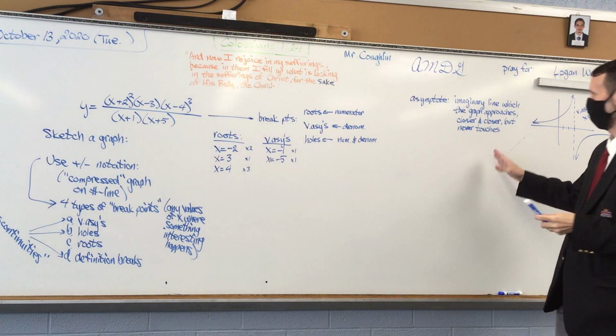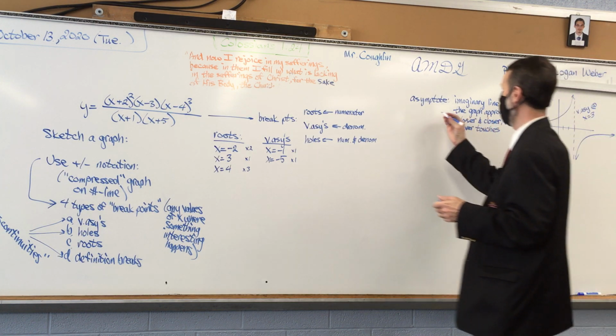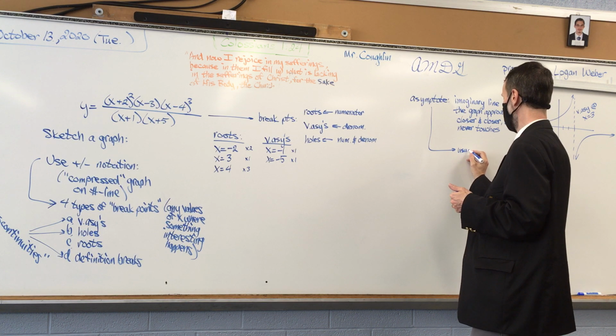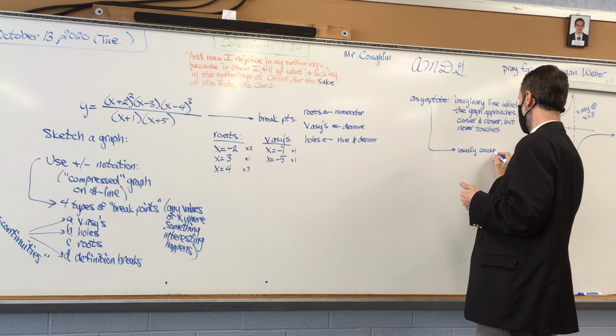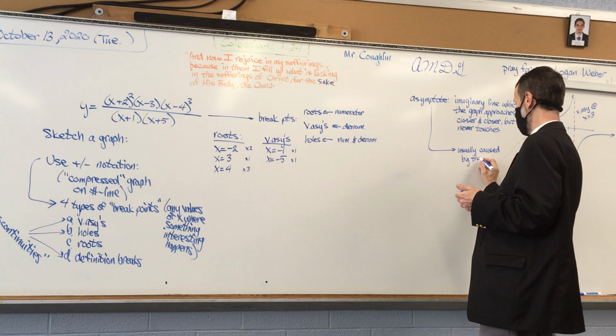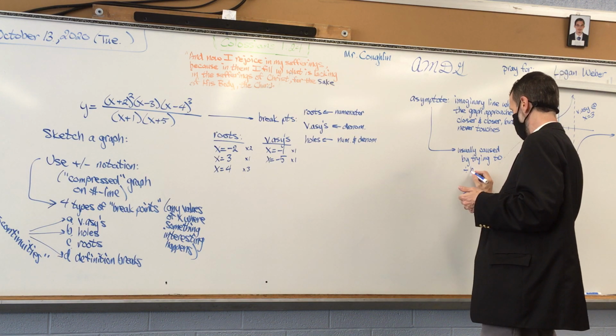That's a vertical asymptote. A vertical asymptote is one that goes up and down. When do they show up? Asymptotes are usually caused, with very few exceptions, by trying to divide by 0.